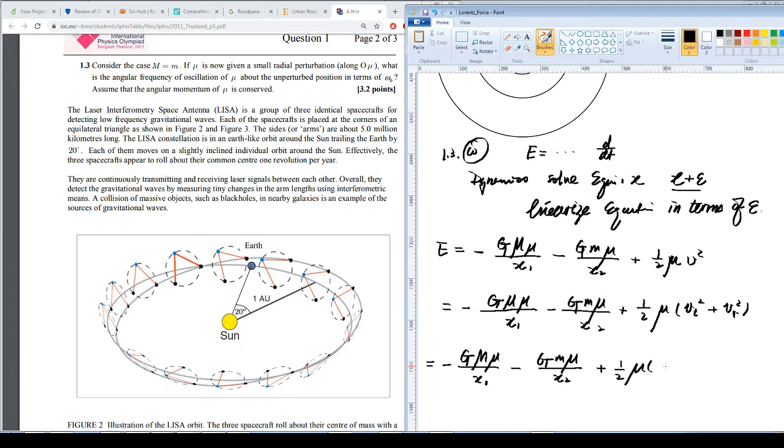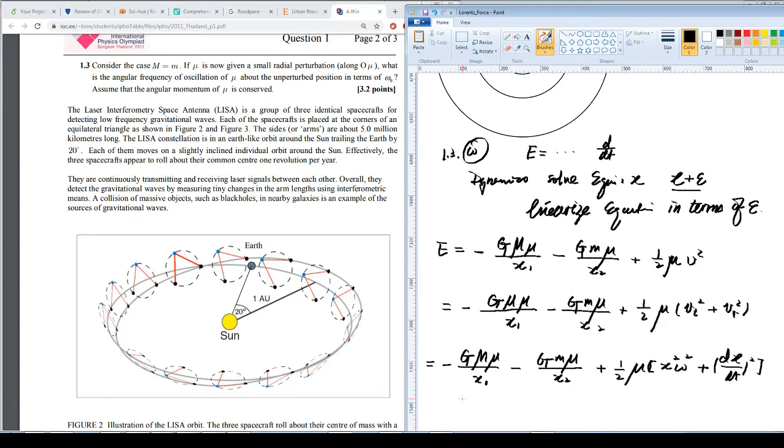The tangential speed is simply x omega, and the radial speed is dx/dt. Okay, so that's a general expression for the energy of the point mass.